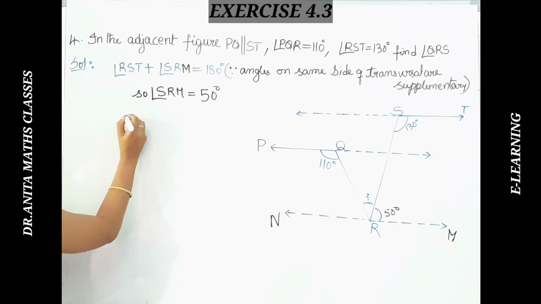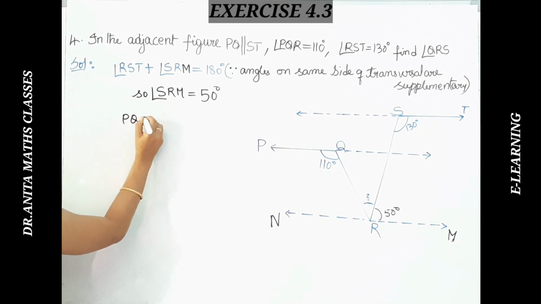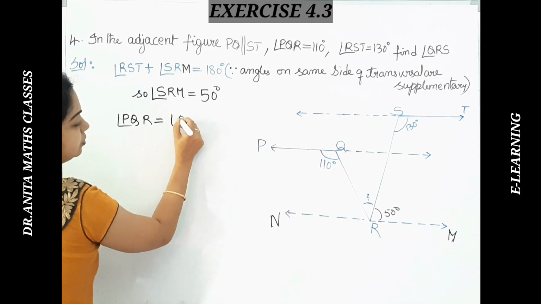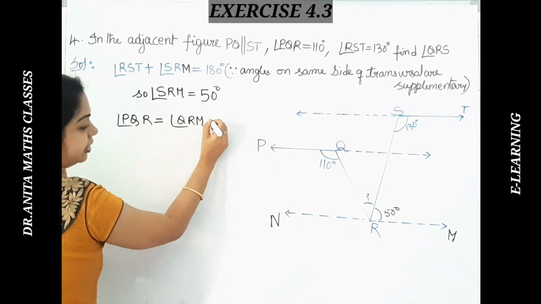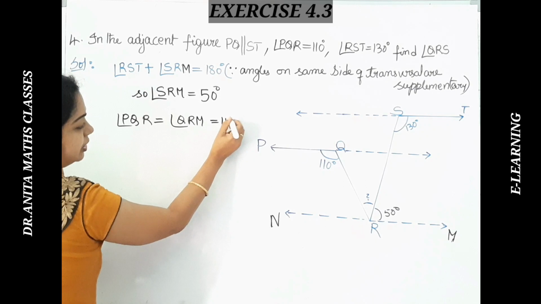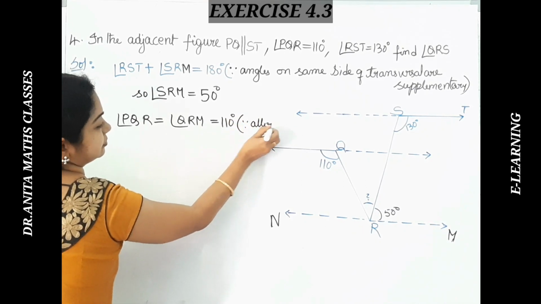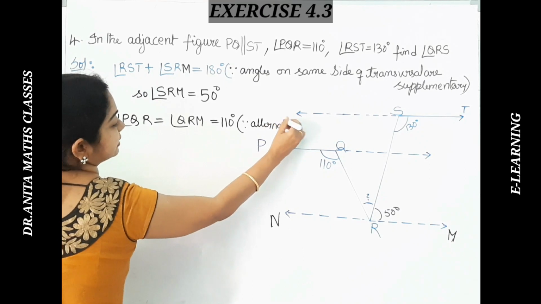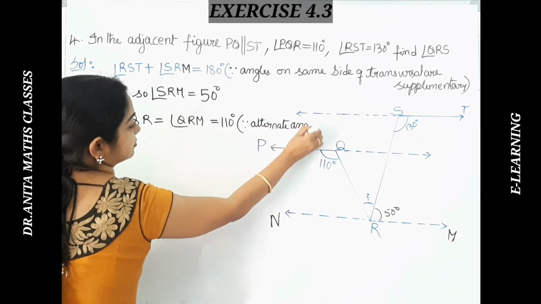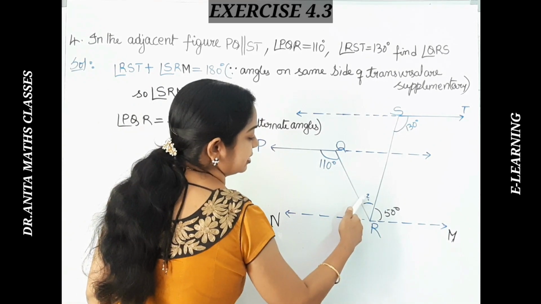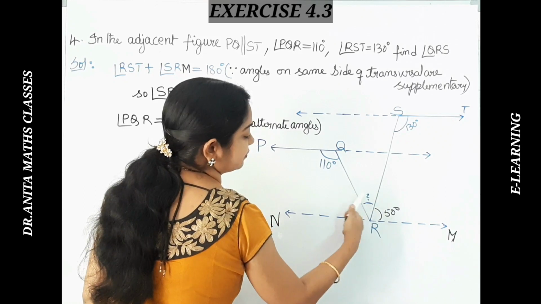So angle PQR equals angle QRM. Why? Because alternate interior angles are equal. And here we have 50 degrees, so this must be 110 minus 50 degrees.